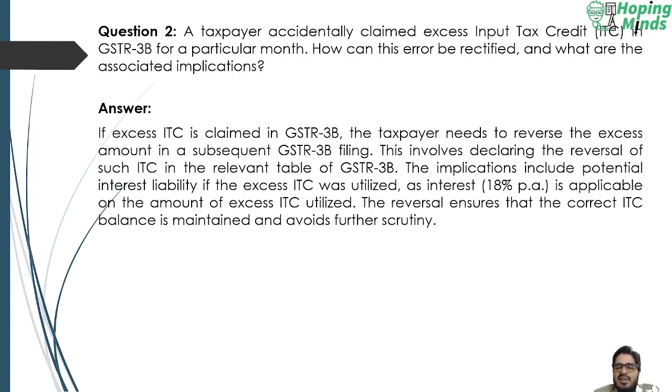So, the SSE has to reverse this ITC excessively claimed in the prior period return in that column, and if such input tax credit was utilized in that return for the payment of taxes, then interest at the rate of 18% should be paid along with the reversal of input tax credit. If such input tax credit was not utilized for the payment of tax, then in such a case interest is not required to be paid.